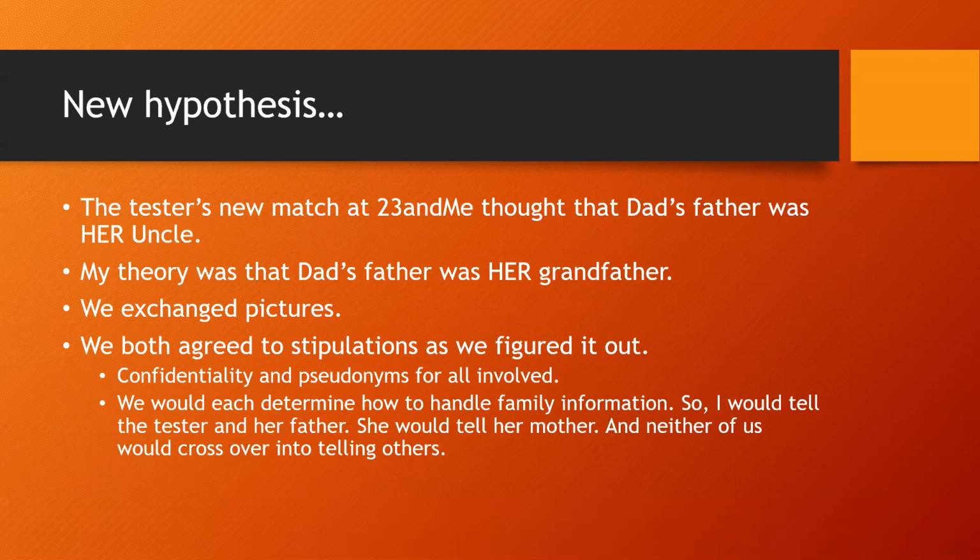We also decided that I would tell the tester and her father what the results were. She would tell her mother what the results were, and neither of us would cross over into telling each other's people anything about this. So I'm not going to reach out to her family. She's not going to reach out to the tester's family.